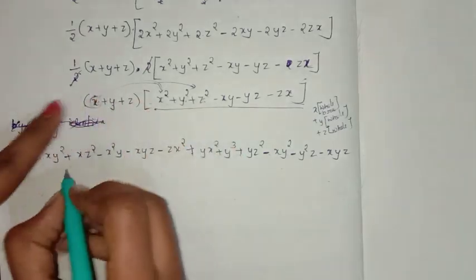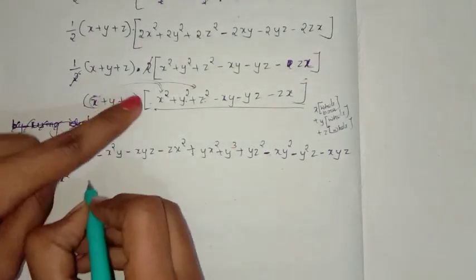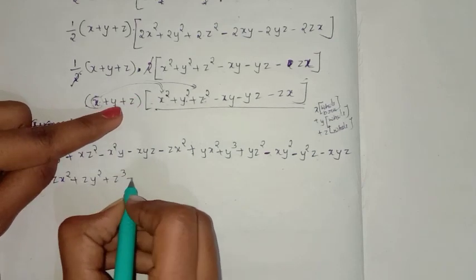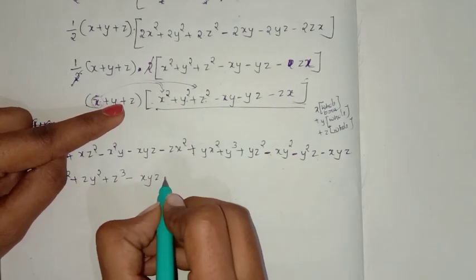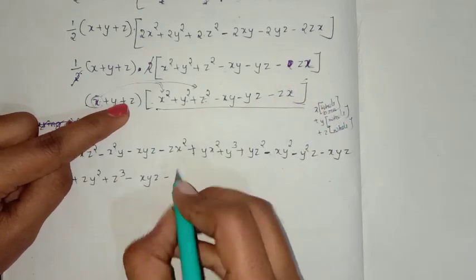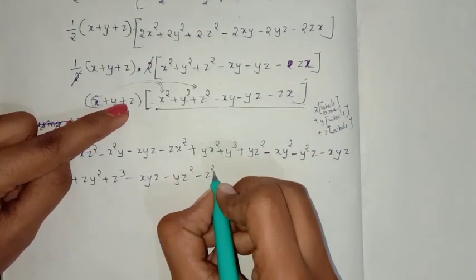Next y term over, now the z term: z x square, plus z y square, plus z cube, minus x y z, and minus y z square and minus z square x.